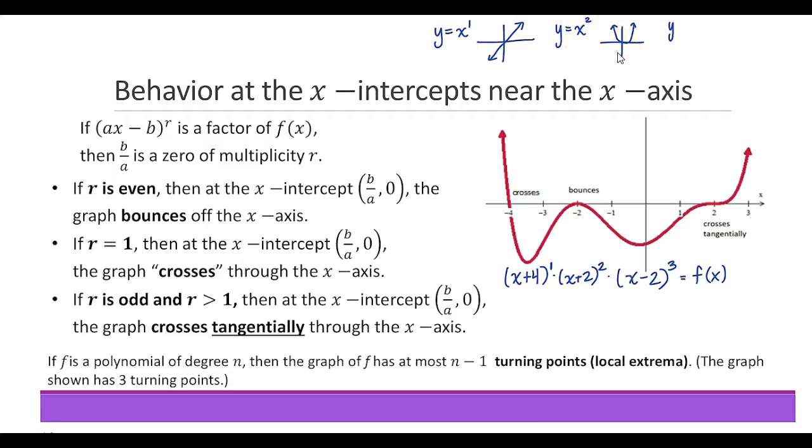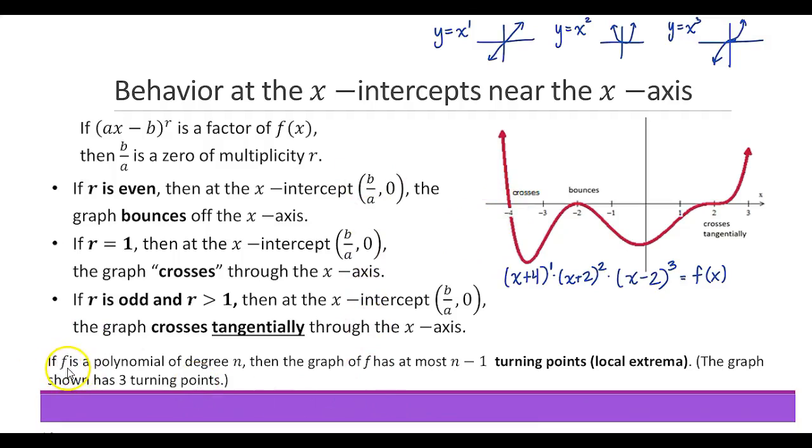And then y equals x cubed, well, if we know the graph of that basic function, it flattens out at 0 because its multiplicity is 3. So a lot of people are like, oh, this is a lot to memorize, but if you know the graph of your basic functions, it follows the same behavior, but just at different x-intercepts.